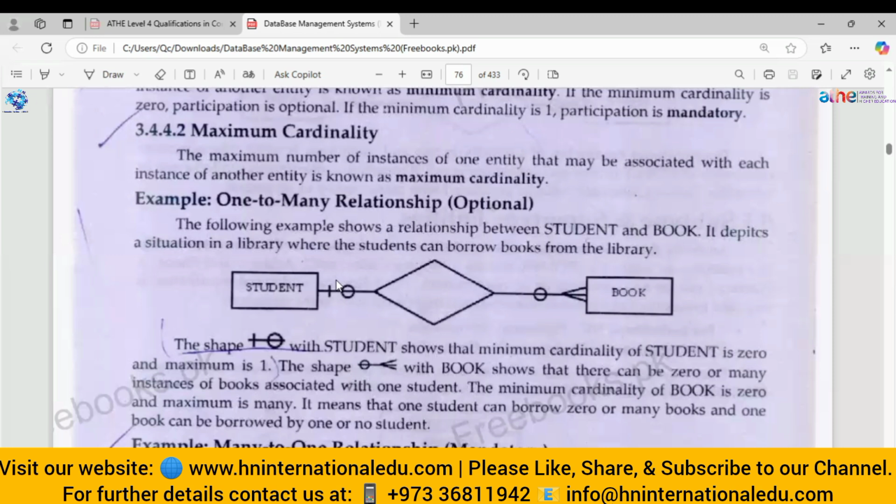So that is the minimum and maximum cardinality. First, we represent the minimum. Like here we have the minimum cardinality and this is the maximum cardinality. This is the maximum cardinality and this is the minimum cardinality. It means how many relations are possible with that entity.